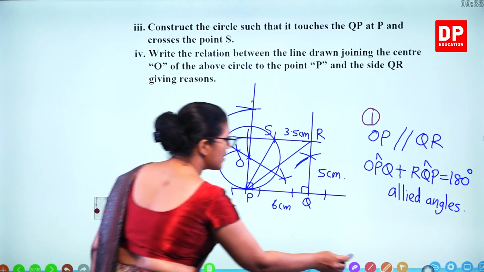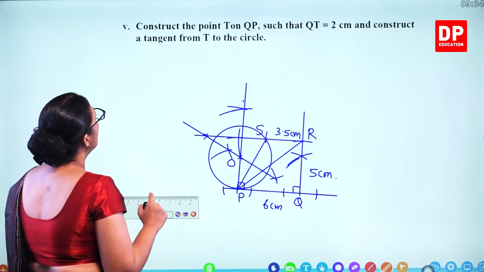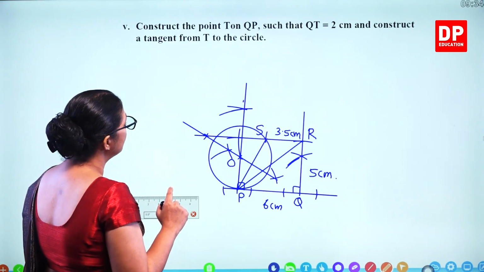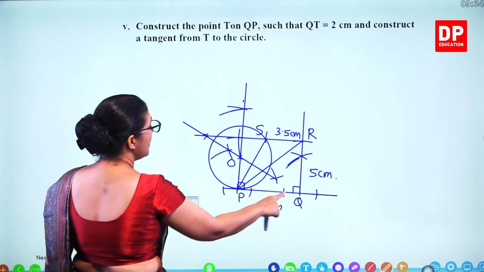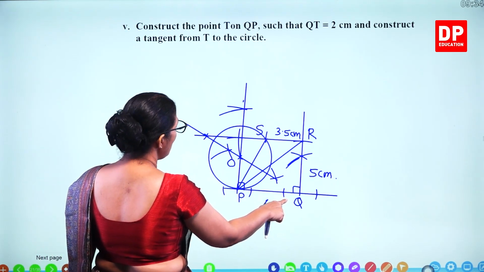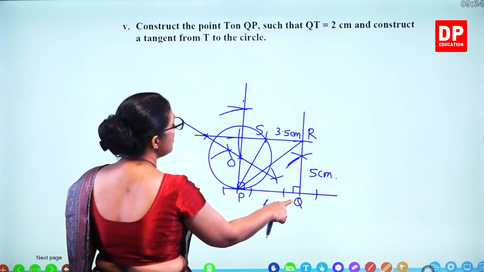Now let's take the next one. Construct the point T on QP such that QT is equal to 2 centimeters.